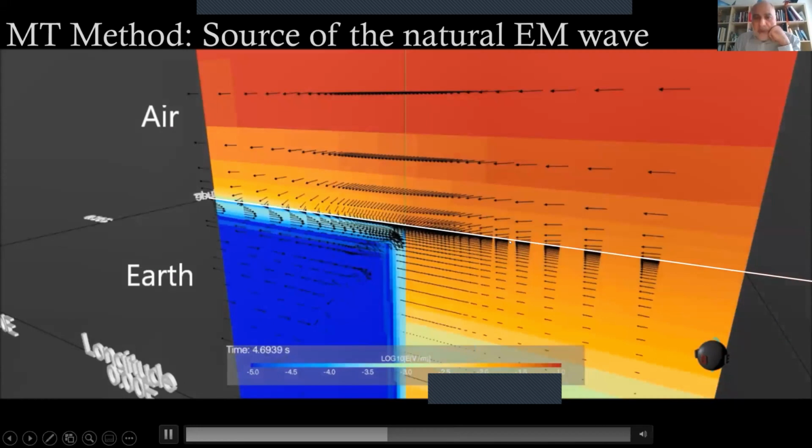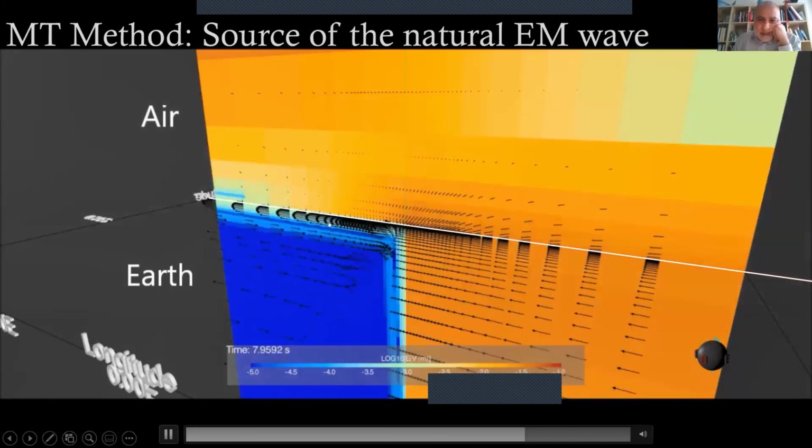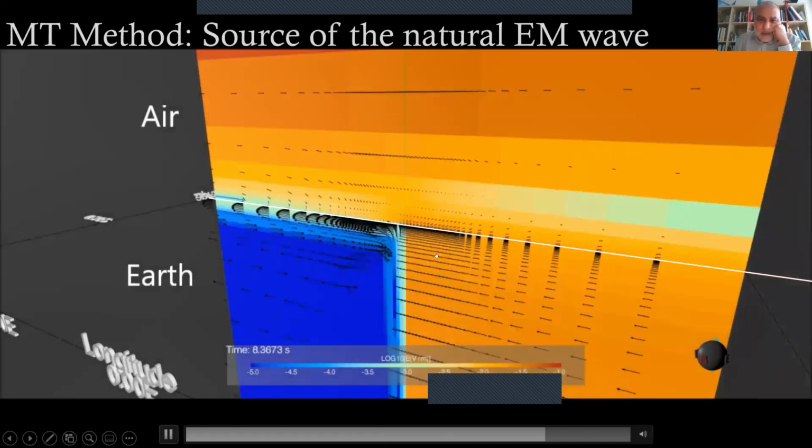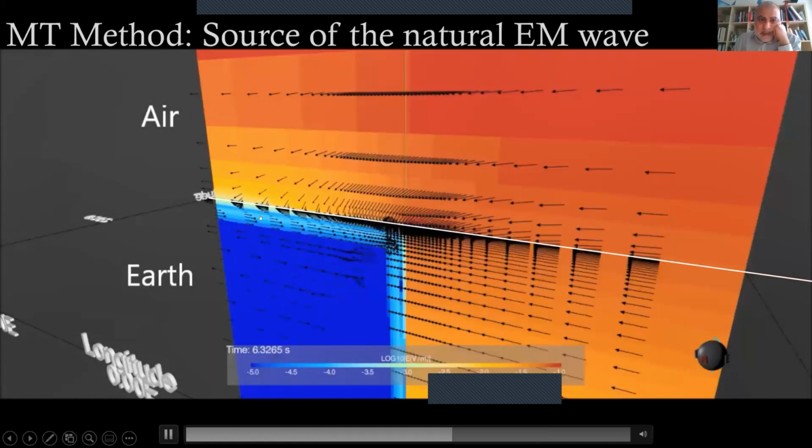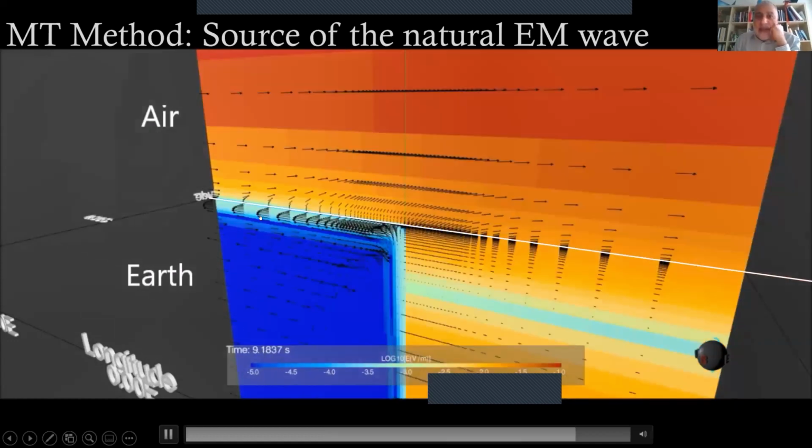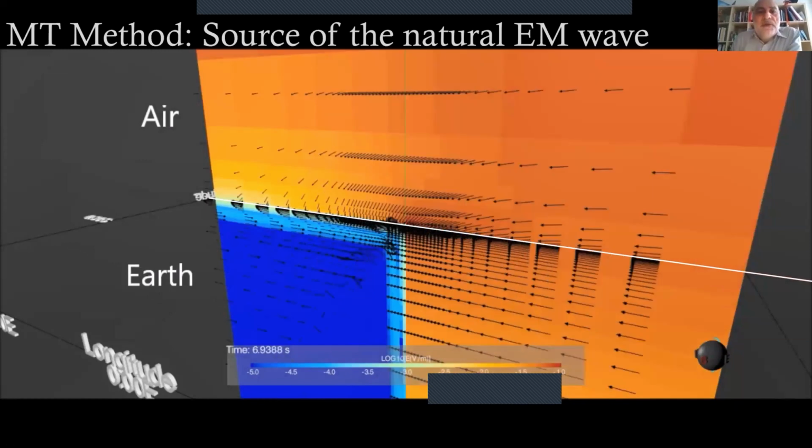Once this energy penetrates the subsurface, where this white line is marked, you can see that the electric field changes in amplitude and phase.